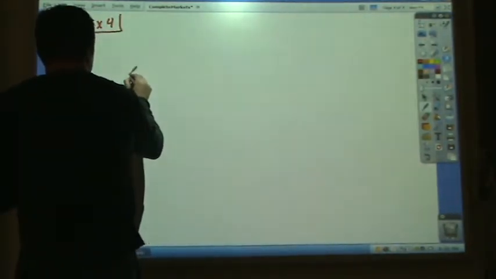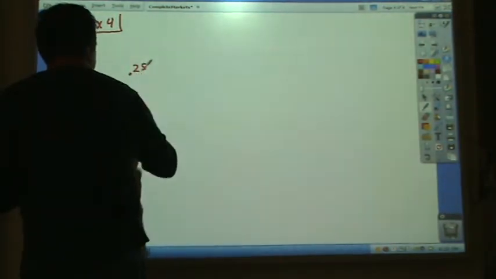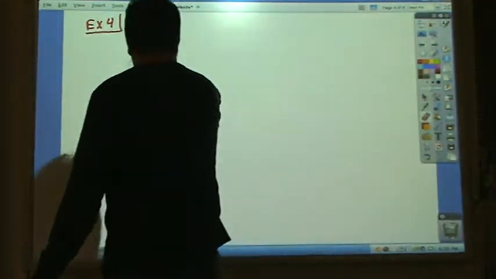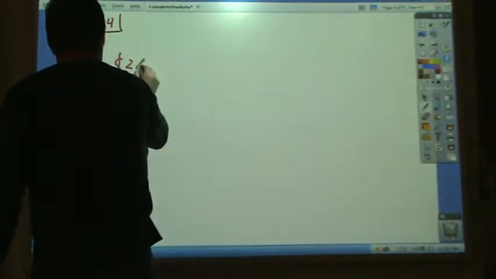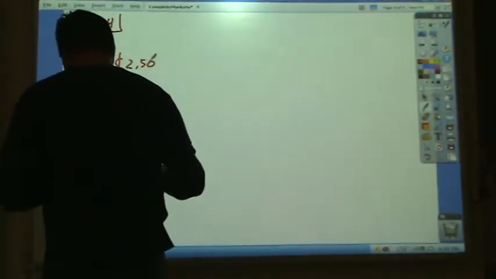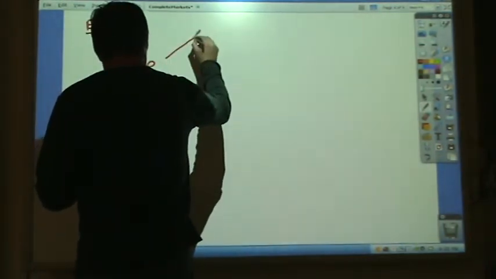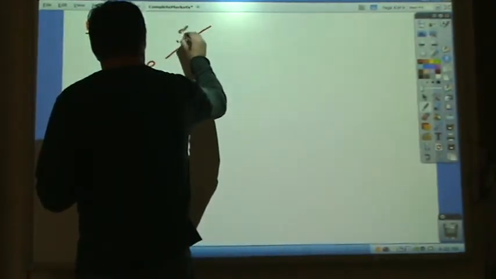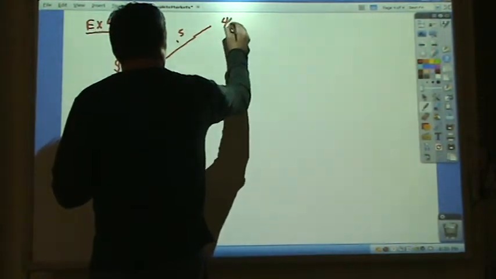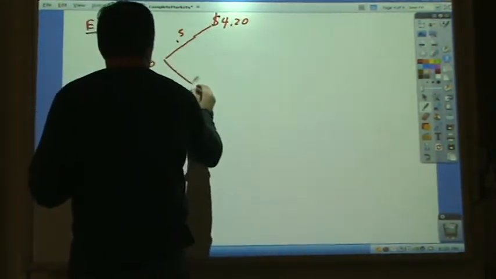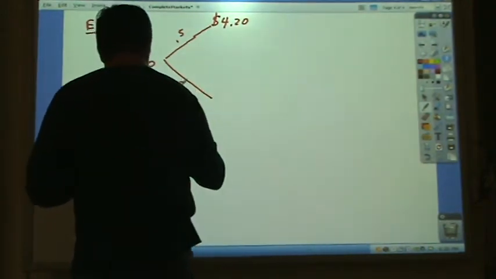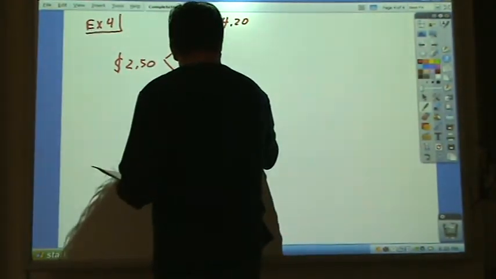Suppose we have a stock that's currently selling for $2.50, and there's a 50% chance it could go to $4.20, and there's a 50% chance it could go to $1.05.